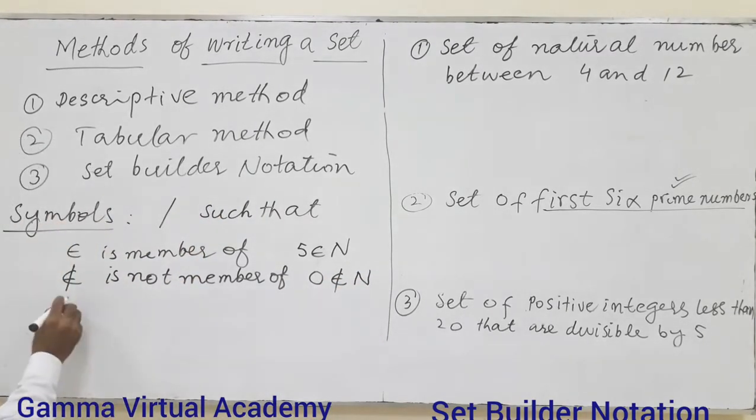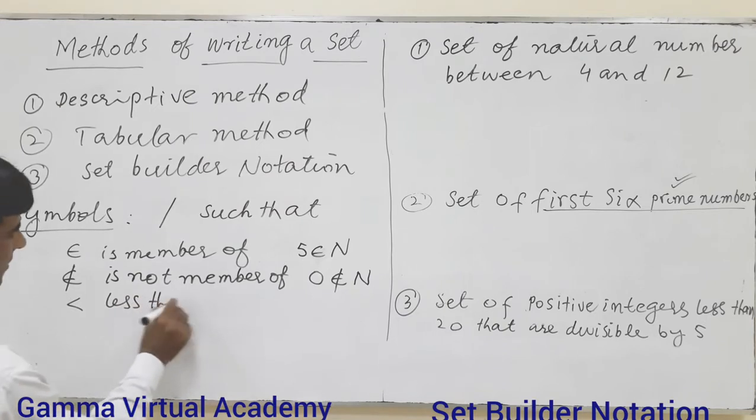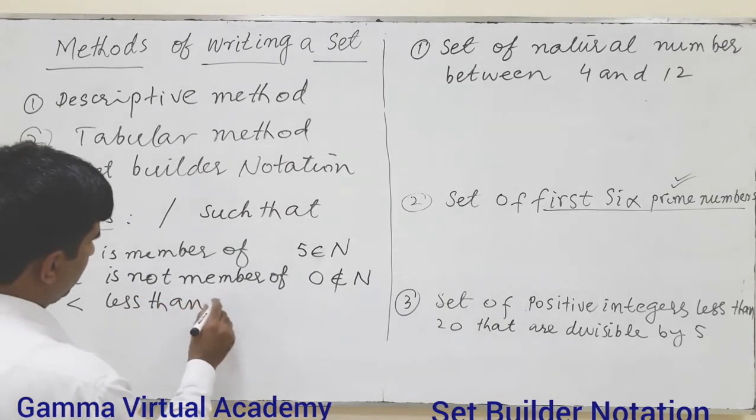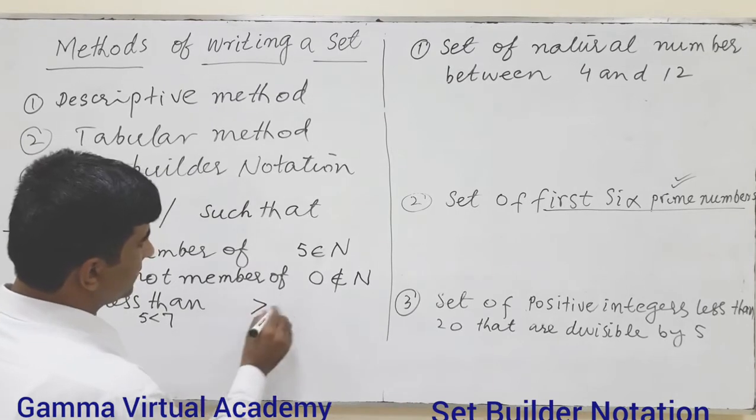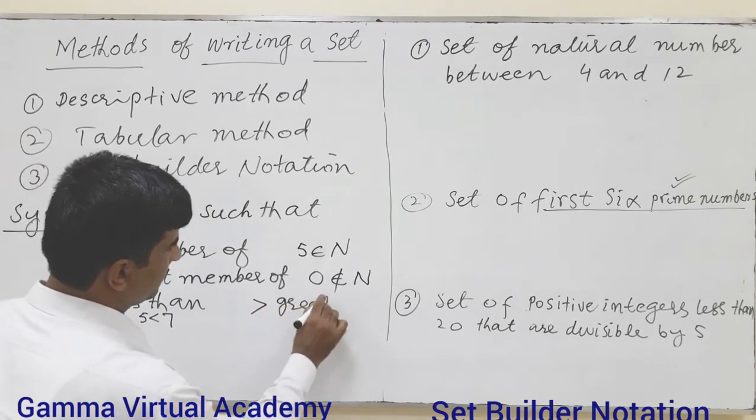And another symbol is less than. For example, when we write 5 is less than 7. And this is greater than.